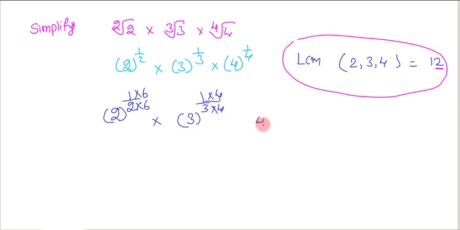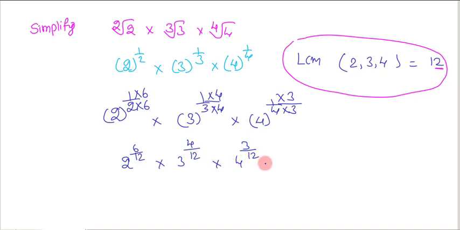Similarly, 4 to the power of 1 by 4 is given, and this order is 4. To make this order 12, you need to multiply it by 3 by 3. So you can write it as 2 to the power of 6 by 12 into 3 to the power of 4 by 12 into 4 to the power of 3 by 12.